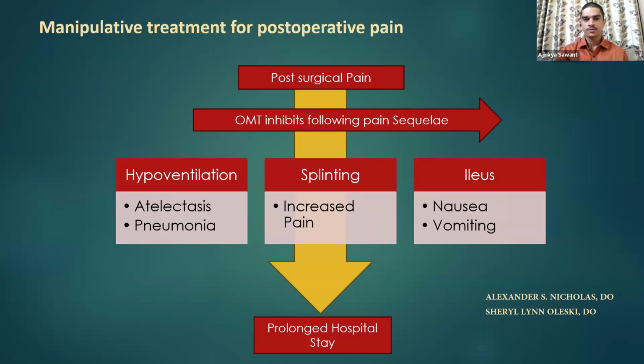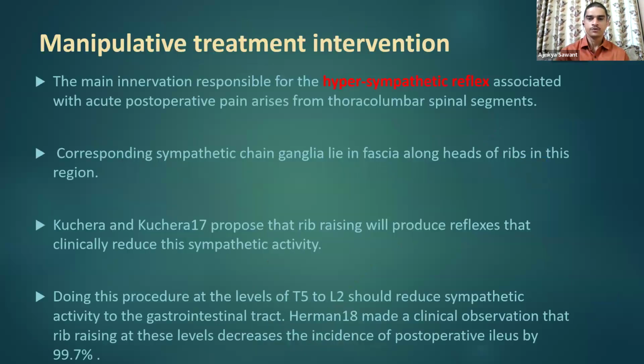So this all causes prolonged hospital stay, and we don't want our patient to stay in the hospital for a longer duration of time. So what we are going to do is manual therapy, manipulative treatment interventions.